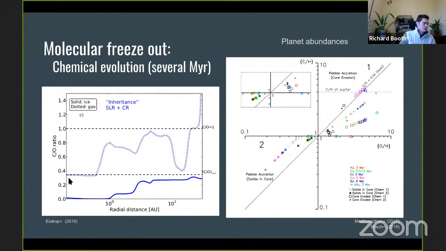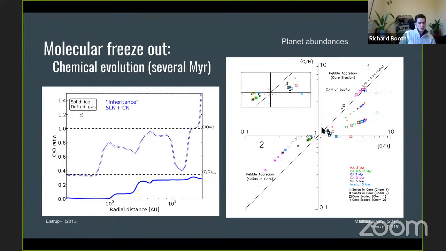The numbers are lower because he started with a lower initial C/O ratio, but you have the same kind of shape, and you have to wait for a very long time for the enhancement of the C/O ratio of the gas to disappear due to chemical reaction, sort of 5 to 10 million years. And by that time, we think most planet formation is over.